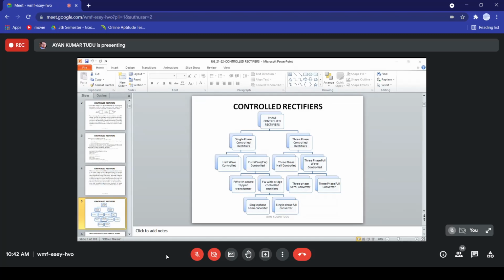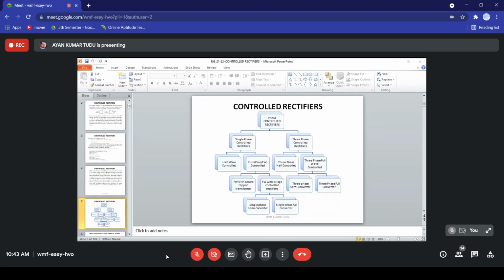Full wave will again be of two types: one with the center tap transformer, and the full wave rectifier with bridge control, which can again be divided into the single phase semi converter, where one is a diode and the other is a thyristor, and the single phase full wave converter. Similarly, we will be using three phase controlled rectifiers, which we will divide into three phase half controlled and three phase full wave controlled.